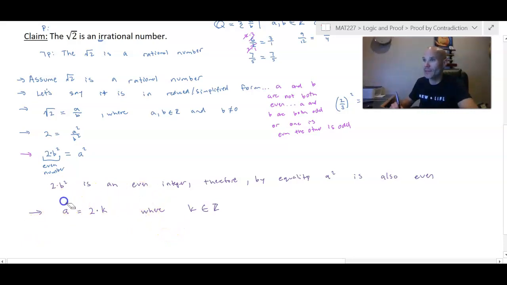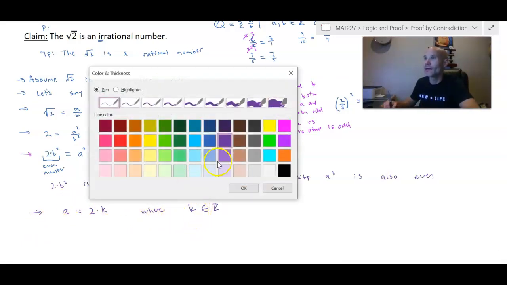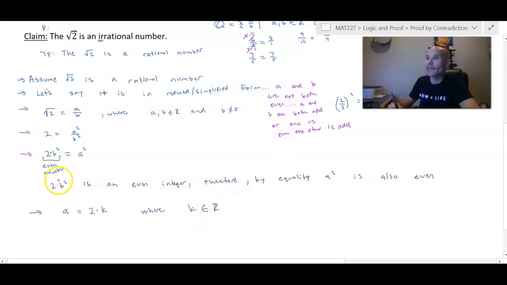Okay, so I'm going to back up here. Let me take off that squared. Not only is a squared even, but a has to be even, since only the product of 2 evens is even.